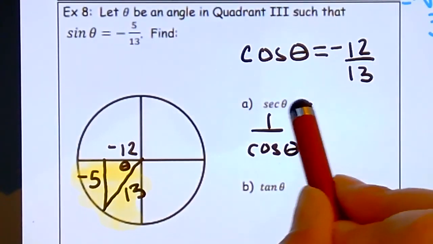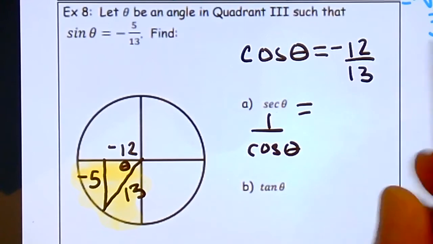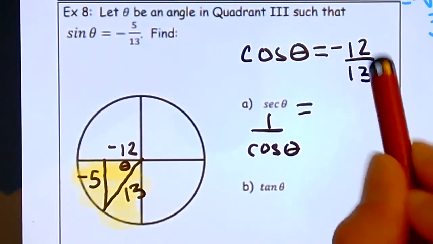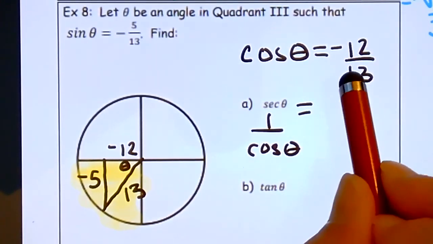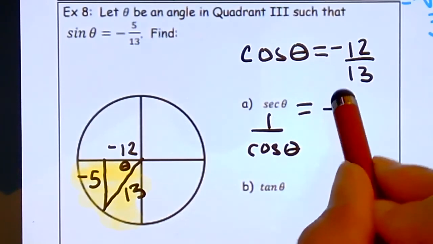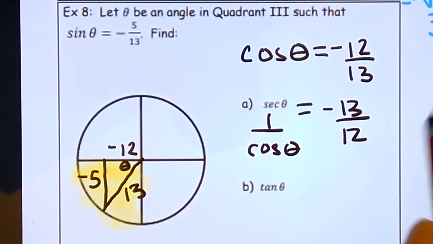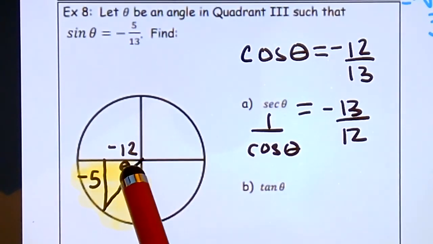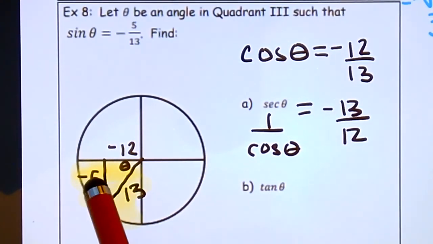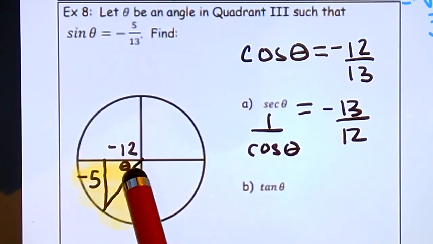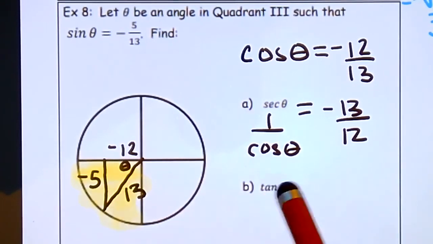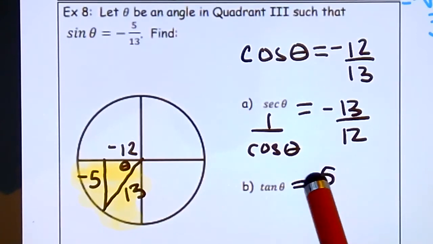So my secant is the reciprocal of that. So don't go 1 over this fraction, okay? It's the reciprocal of this, which is -13 over 12, and that's your secant. Now my tangent, again, I would focus on it in terms of opposite over adjacent, -5 over -12, so that's actually going to be a positive 5/12, and that would be my tangent.